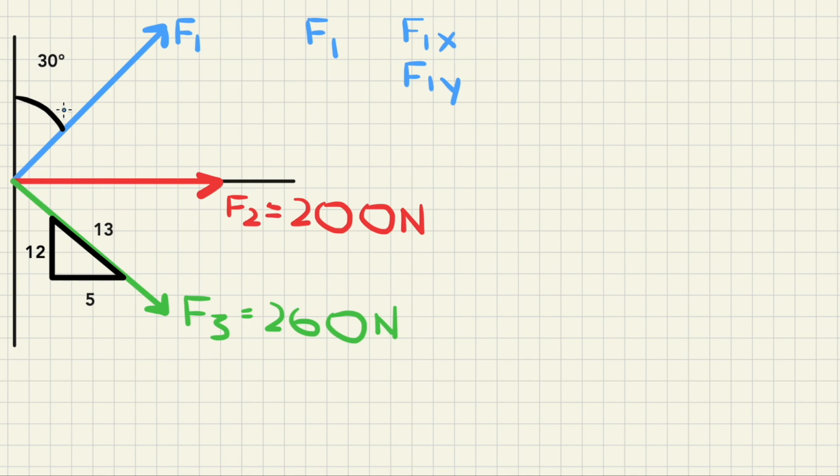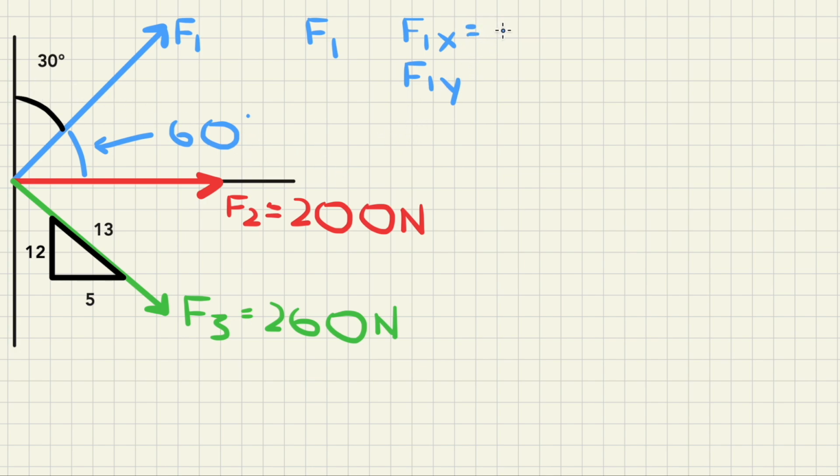So we're given here that this is 30 degrees, and I want to go based off the x-axis and not the y-axis. So we're going to be using this angle here instead, which we know is 60 degrees, since this is a 90-degree angle and this is 30. So 90 minus 30 is just going to be 60.